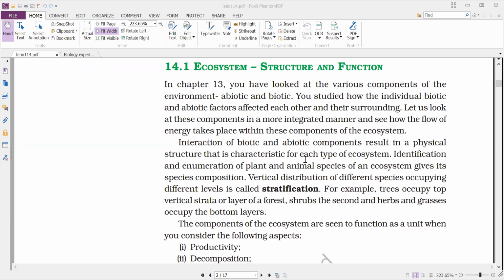It may be plant or animal. Then we can understand the species composition. That means which species is abundant, which species is less, and what is the importance of each species in that ecosystem. That one we can understand by identification and enumeration of plant and animal species of an ecosystem.